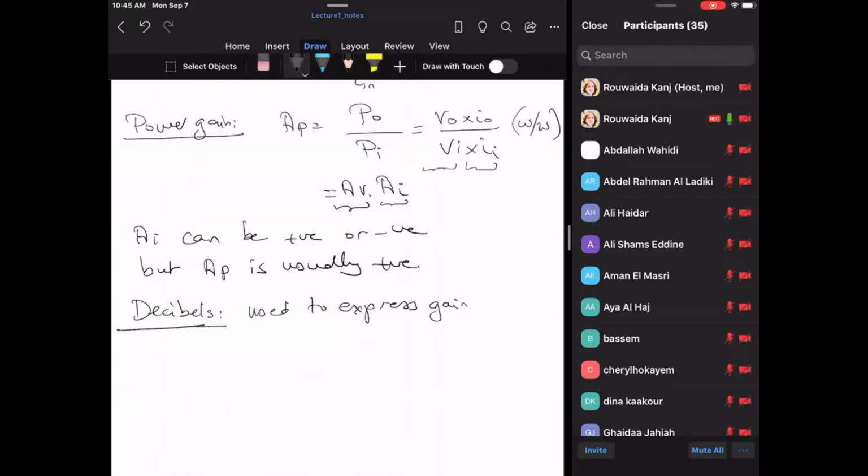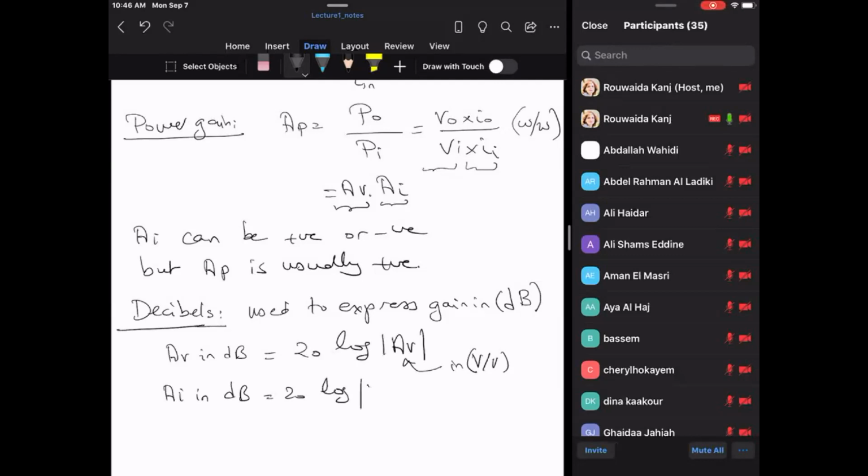We use it to express gain in dBs. AV in dB is equal to 20 log of the absolute value of AV, where AV is in volts per volt. The same for AI in dB, it is equal to 20 log of the absolute value of AI, expressed in amps per amp.